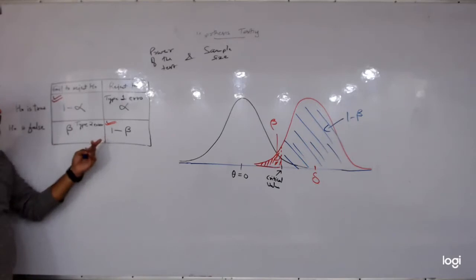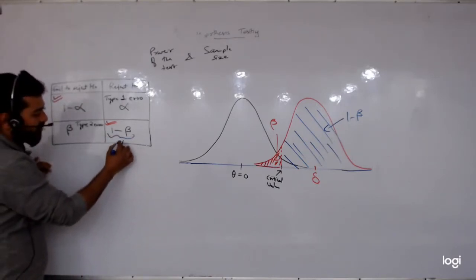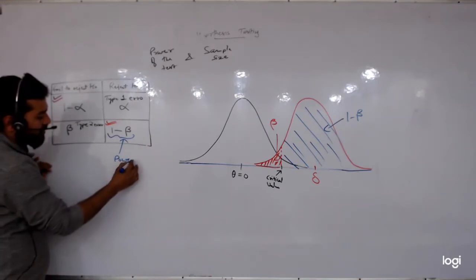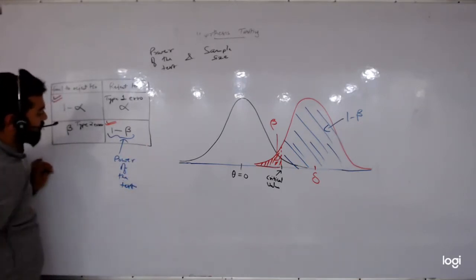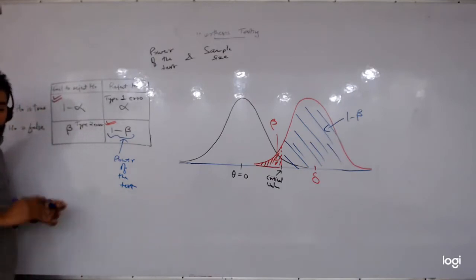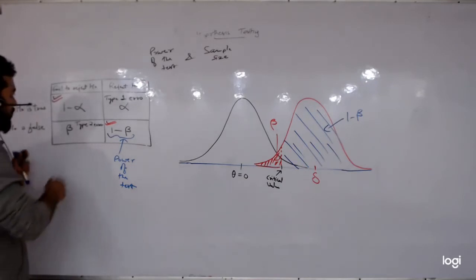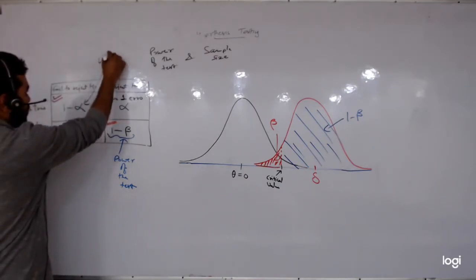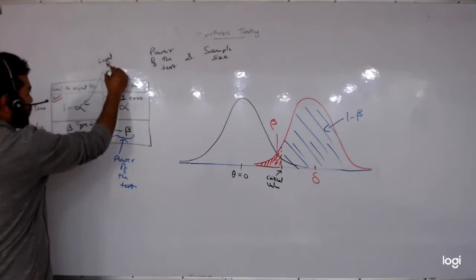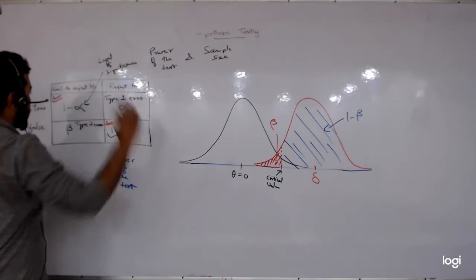This is power of the test. 1 minus beta is the power of the test. 1 minus alpha is level of significance.